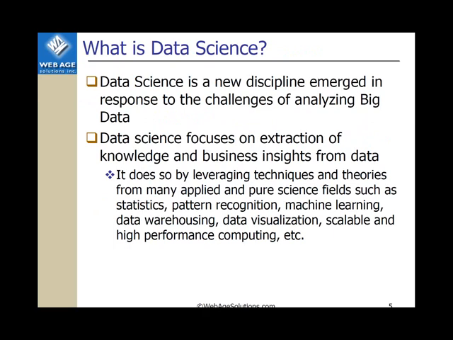Essentially, it's about extracting knowledge and business insights from data. There is much more to it than just being someone who knows how to work with a Microsoft Excel spreadsheet or maybe some other tools.